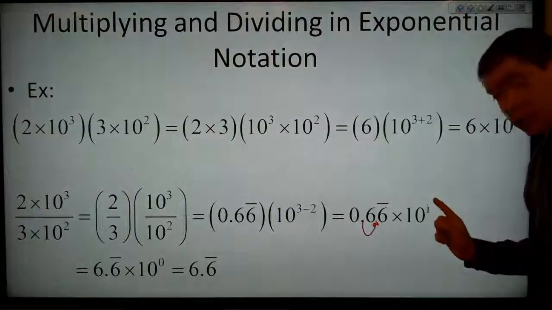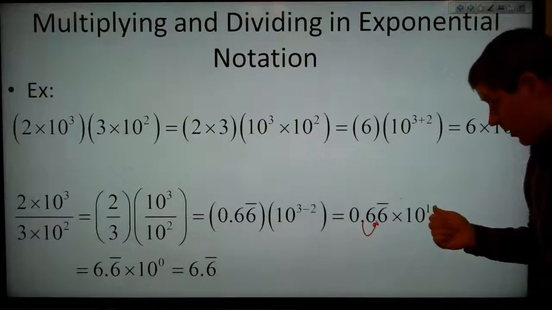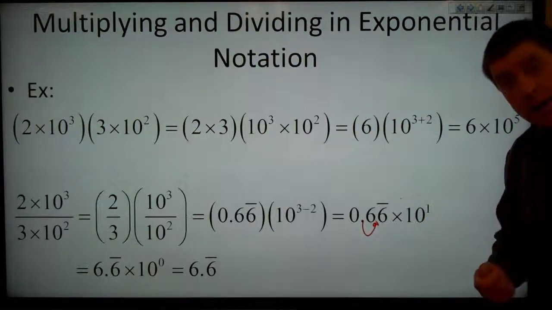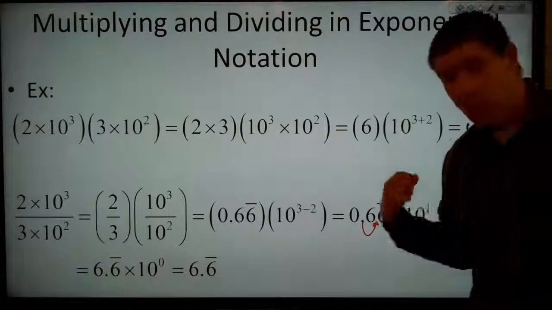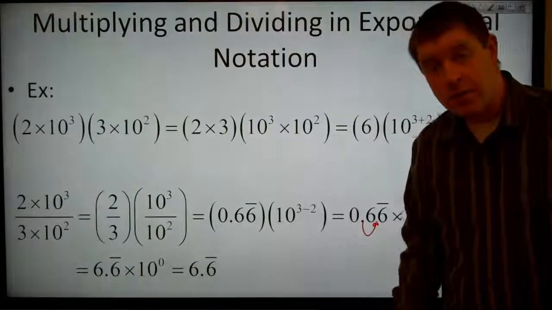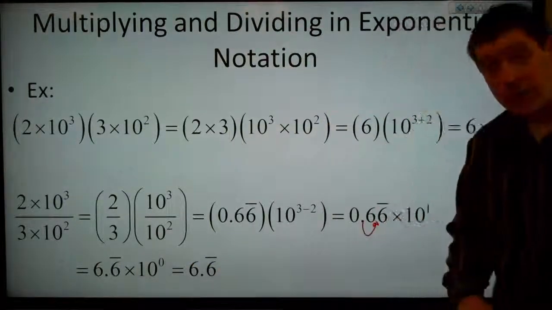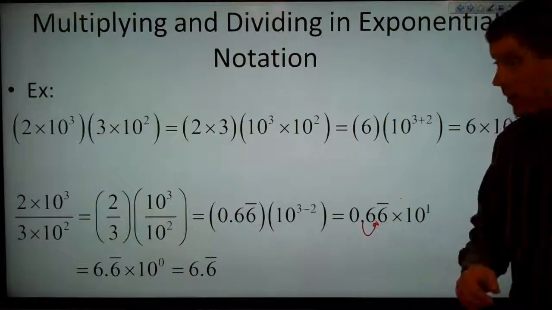Because we had 10 to the 1, we made the coefficient larger by 1 decimal point. That means we need to lower our power, our exponent here, by 1. So from 1 to 0. And then times 10 to the 0 is just times 1, so we can drop that part. So our answer then becomes 6.6 repeating.